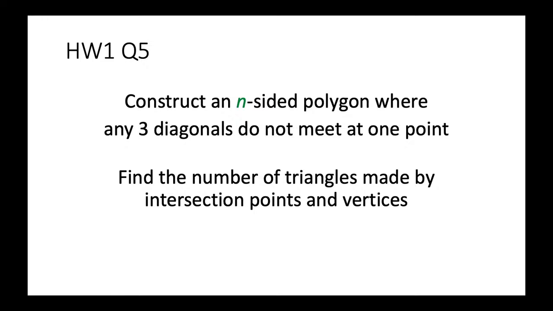We assume that this polygon is not regular, it is quite skewed, so that no three diagonals meet at one point. But you will see that any two diagonals must meet at one point. Then we want to find out how many triangles can be made by the intersection points and the vertices.